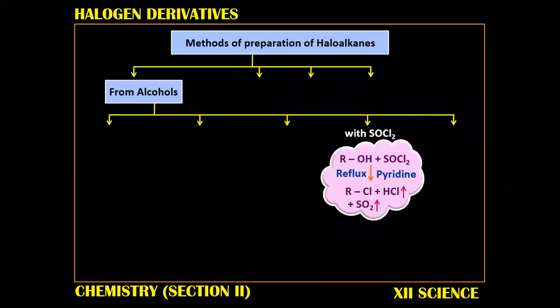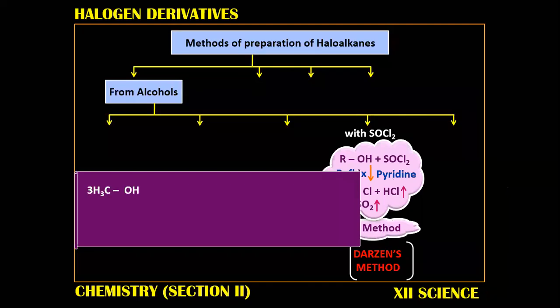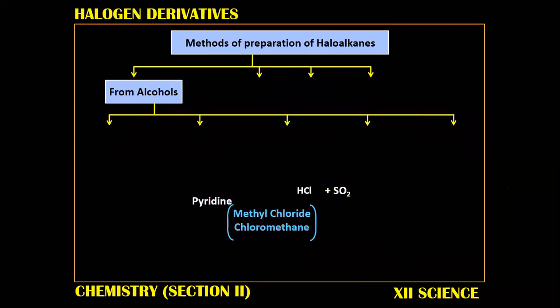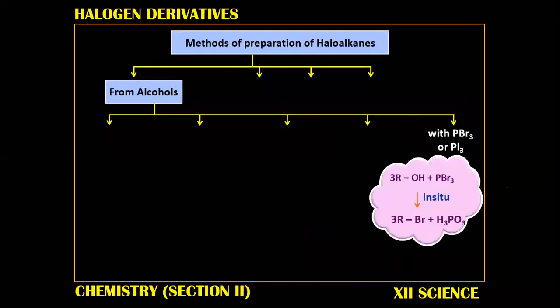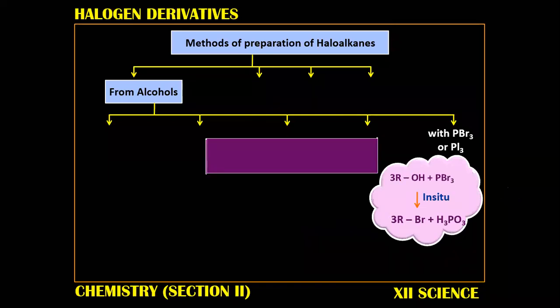When alcohol reacts with thionyl chloride, we get RCl, HCl and SO2. Here we have to use pyridine, don't forget. And this is the best method and it is called Darzens' method. Then we did alcohol reacting with red phosphorus and bromine or iodine, tribromide, same with trichloride. But here the reaction we have to write in situ.